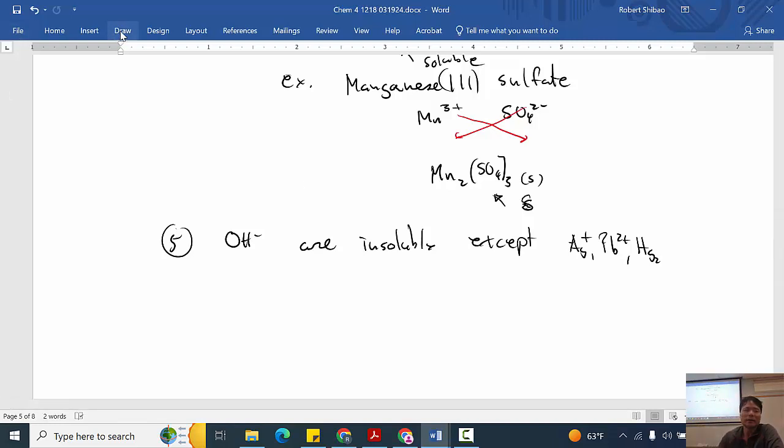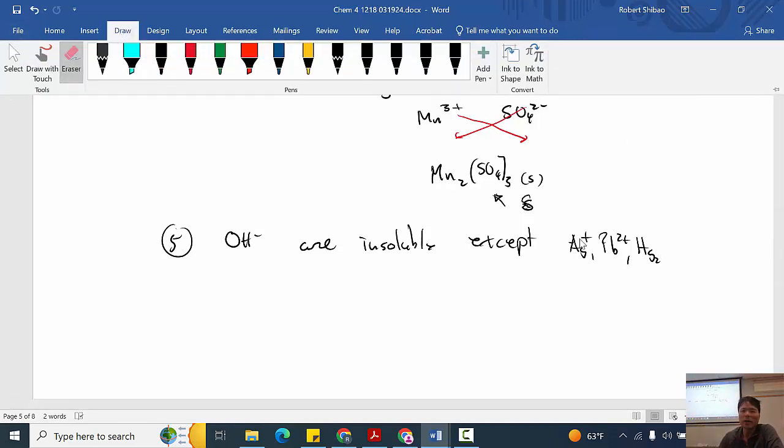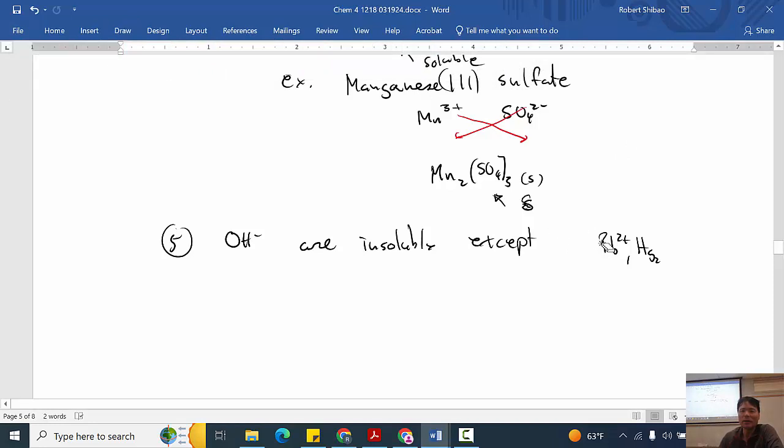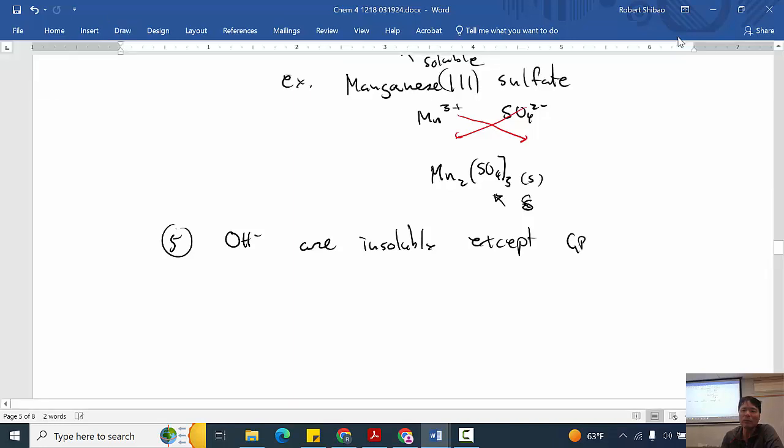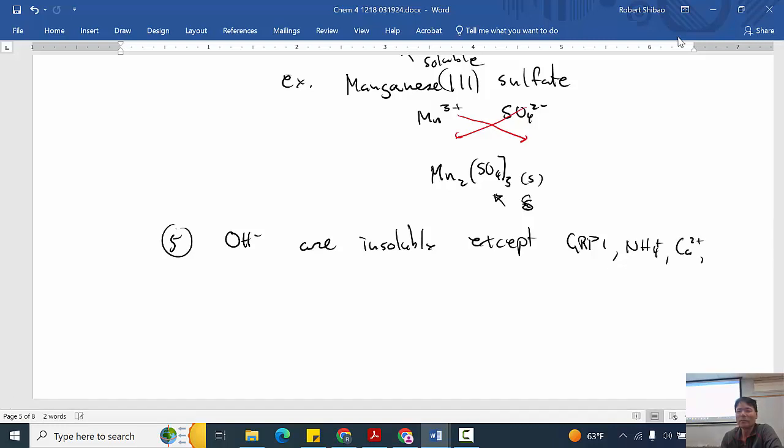Sorry. Let me backtrack. I need to erase this. These are all insoluble. I have to do the soluble exceptions. Now I got to switch my thinking. These are insoluble except when paired with group 1 and ammonium and calcium, strontium, and barium.